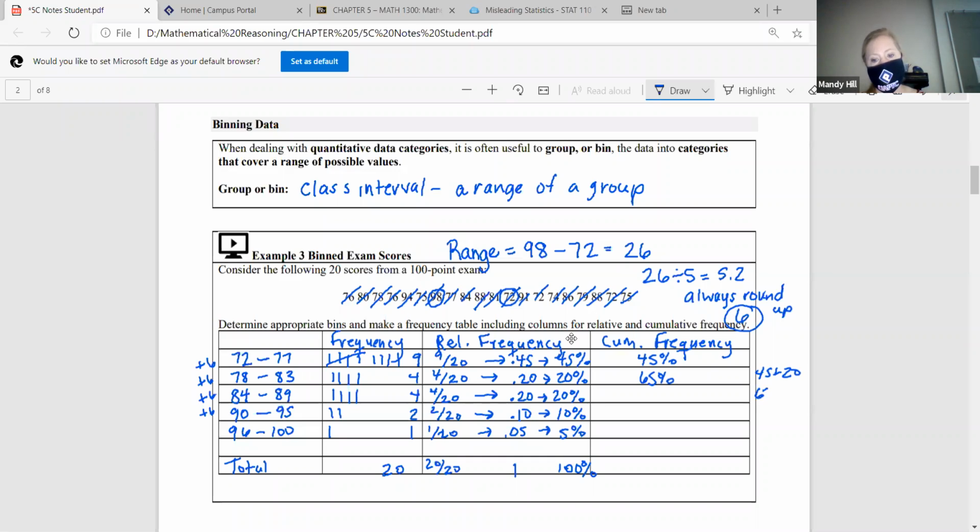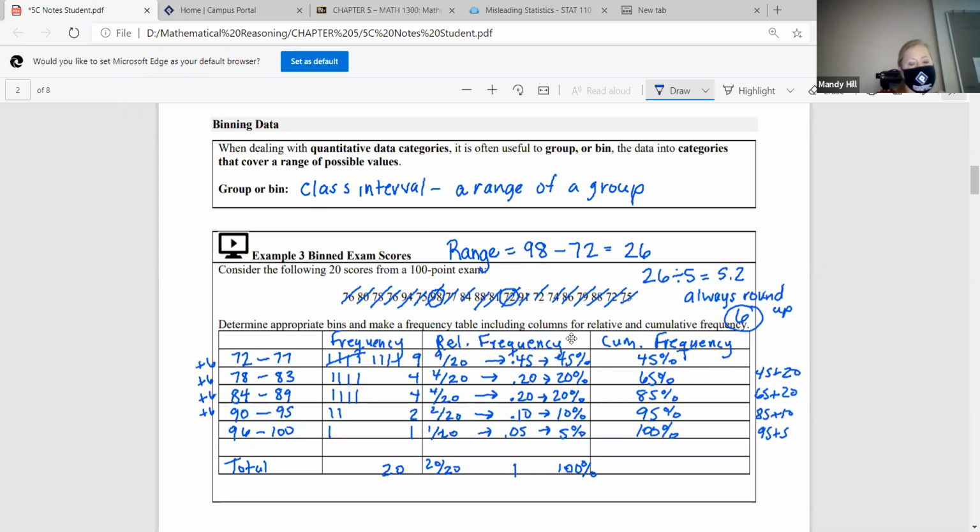Then I'm going to take my 65 plus 20 again, 85%. Then 85% plus my 10, that's going to be 95%. And then I'd add my 5% on, which should get me 100%. So that's all of my grades having been accumulated.